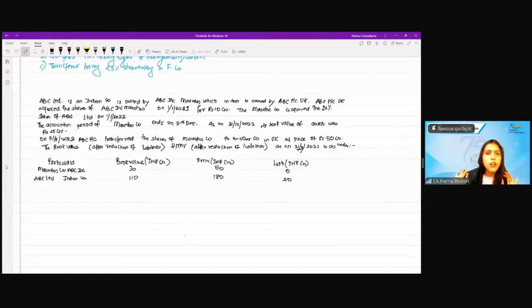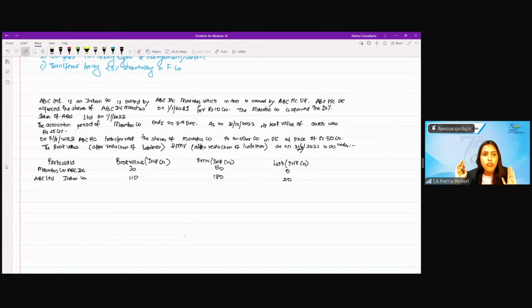The accounting period of Mauritius ends on 31st December, and as on 31st December, the book value of the assets was 25 crores. On 31st March 2023, ABC UK transferred the shares of Mauritius to another UK company at a price of 50 crores. The book value and the FMV after the reduction of liabilities as on 31st March 2023 are as under: Mauritius company, ABC Indian company. So book value, FMV, and liabilities are given.